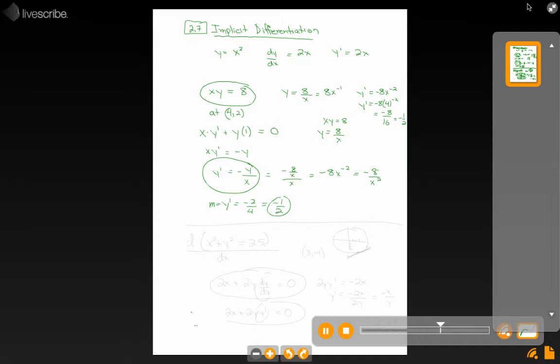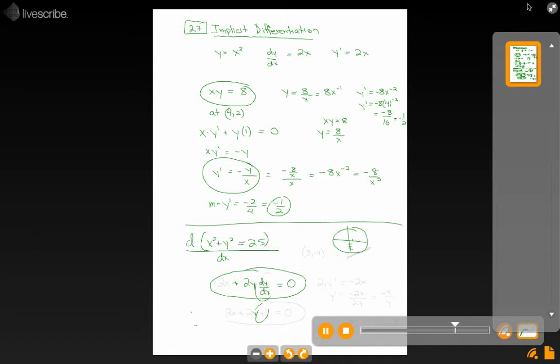Another example of this would be this one. I've got x squared plus y squared equals 25. If you remember a little bit from your math 20 and 30, this is a circle with a radius of 5. It looks something like this. If I don't want to solve for y, in this case it is still theoretically possible, if I differentiate everything with respect to x, I'm going to have 2x plus 2y dy by dx equals 0.